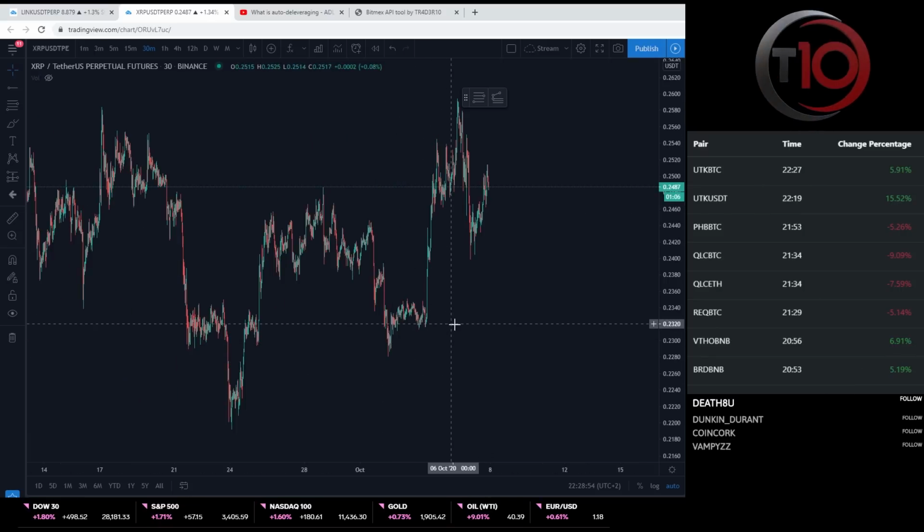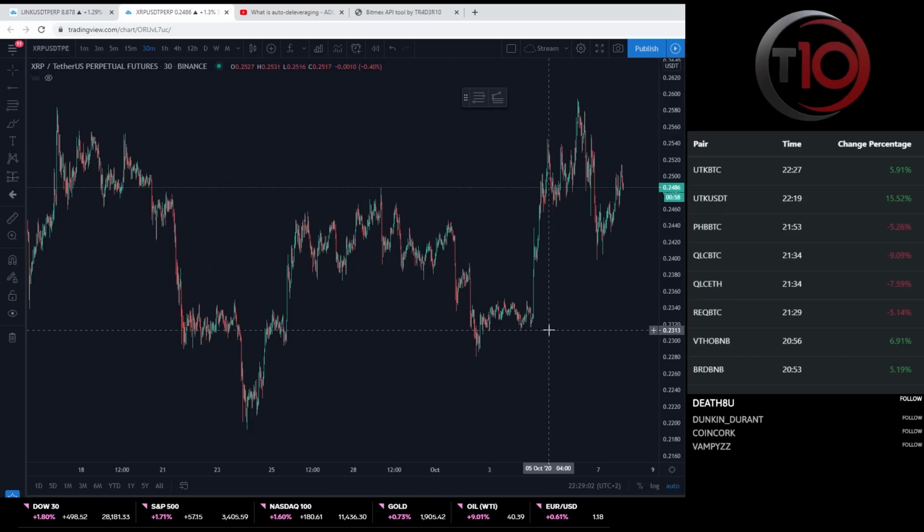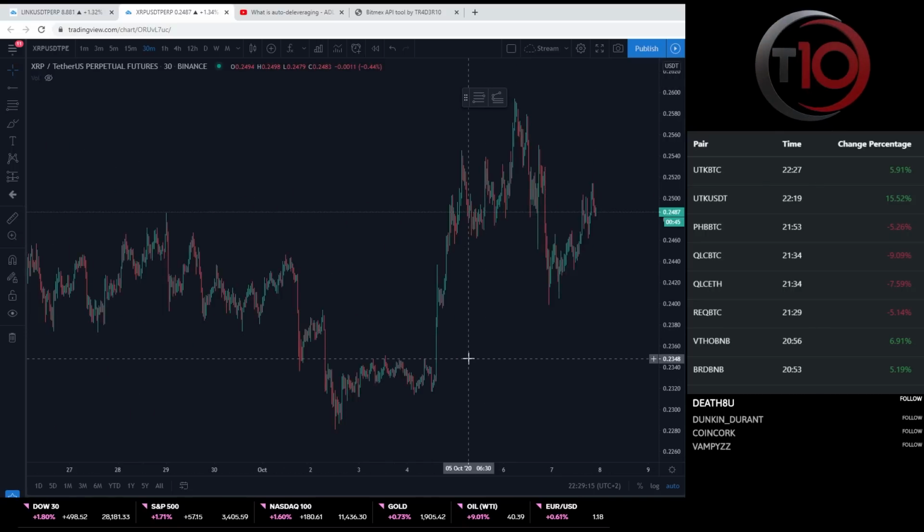And I did a small add in this area. I actually think I got filled on this. Yeah, it was this move. Or was it? We close higher. Oh, I think I did this one and just my stop loss was at the average entry.